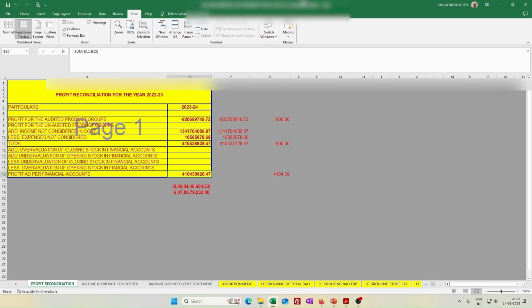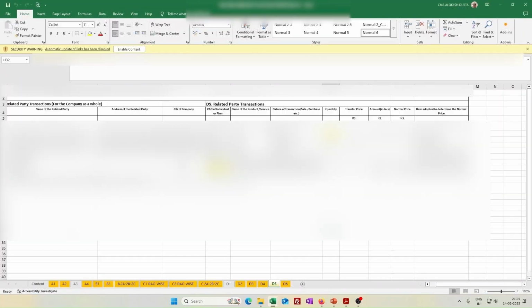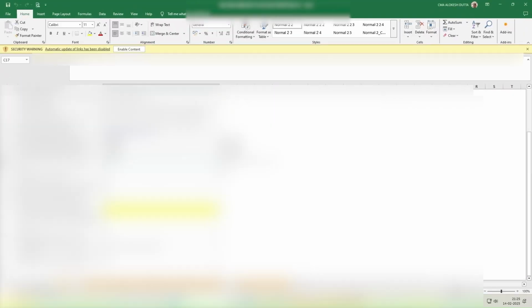Now I have come to the RAO annexure to the cost audit report. This is as per the company's data. A2 is this one.